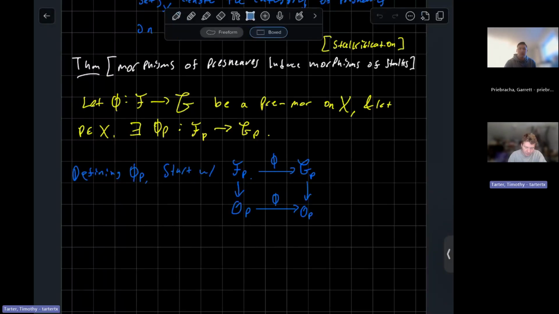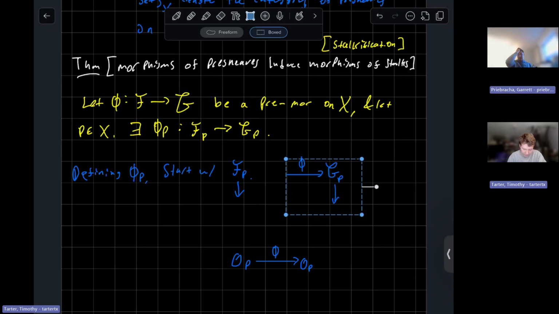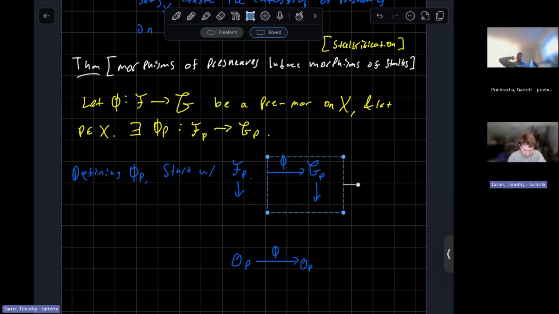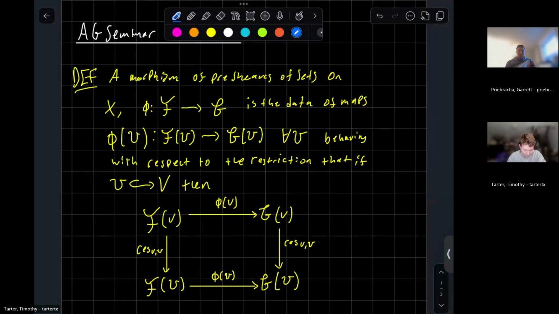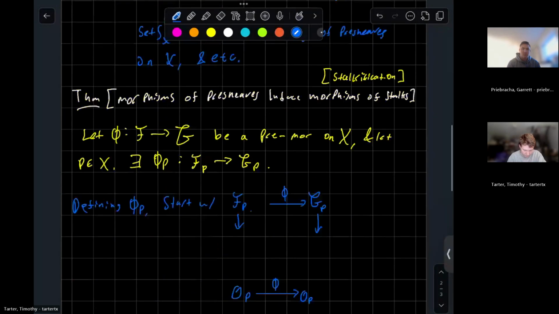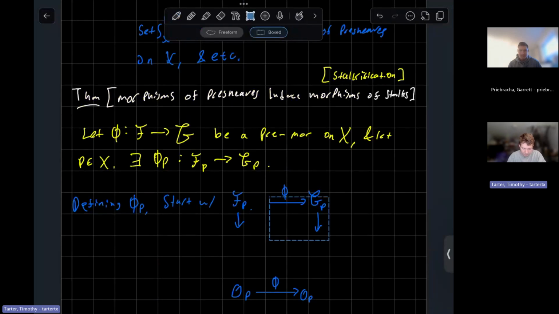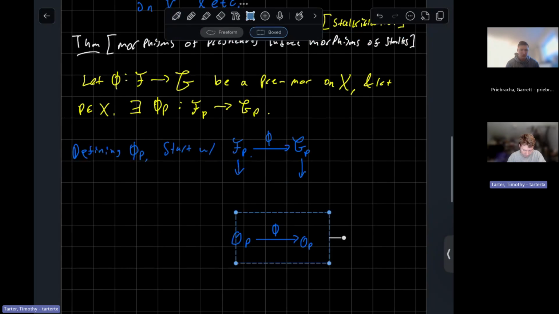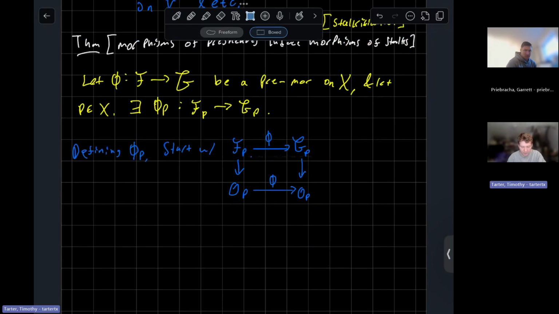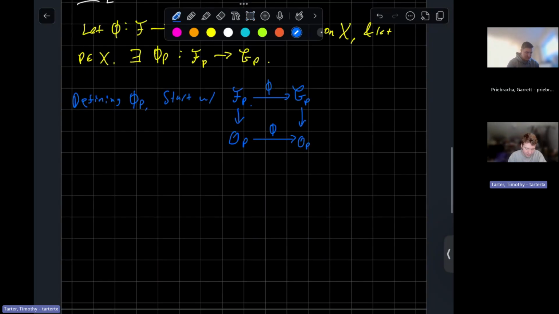But I guess we also have another thing going on. Well, okay, hold on. This is fine, but it's not the diagram that we need.